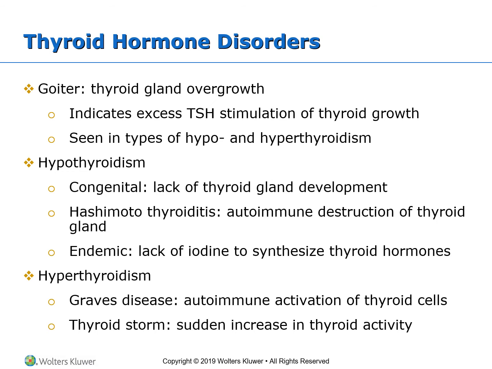Now, a second type is called Hashimoto thyroiditis. It's common in adults and is the result of an autoimmune destruction of the thyroid tissue. In this type of condition, when we have an autoimmune condition, the body will produce antibodies that will attack its own tissues.